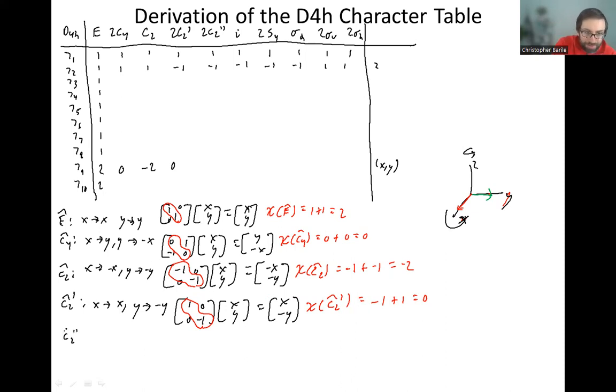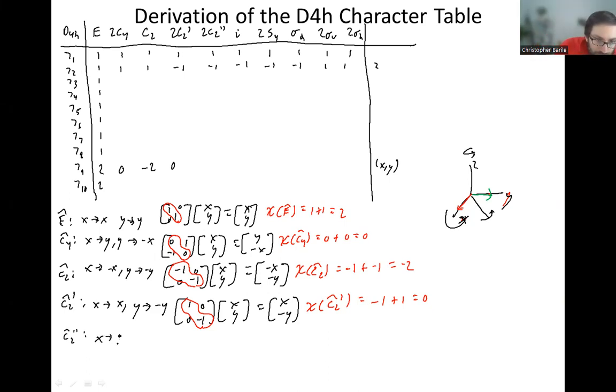C2 double prime, a little harder to visualize. One of the C2 double primes, remember, is bisecting. So we're doing a flip that way, okay? It's a 180 degrees flip. And what that actually does, a little hard to visualize, but that's going to take x to y and y to x. We're doing a rotation off axis there. And so it's spinning them like this, right? So that's going to interconvert those two.